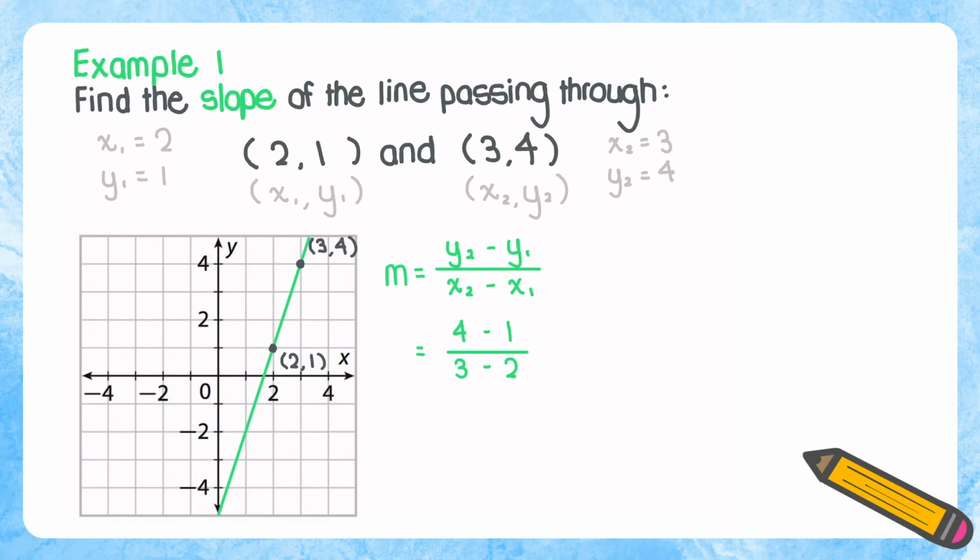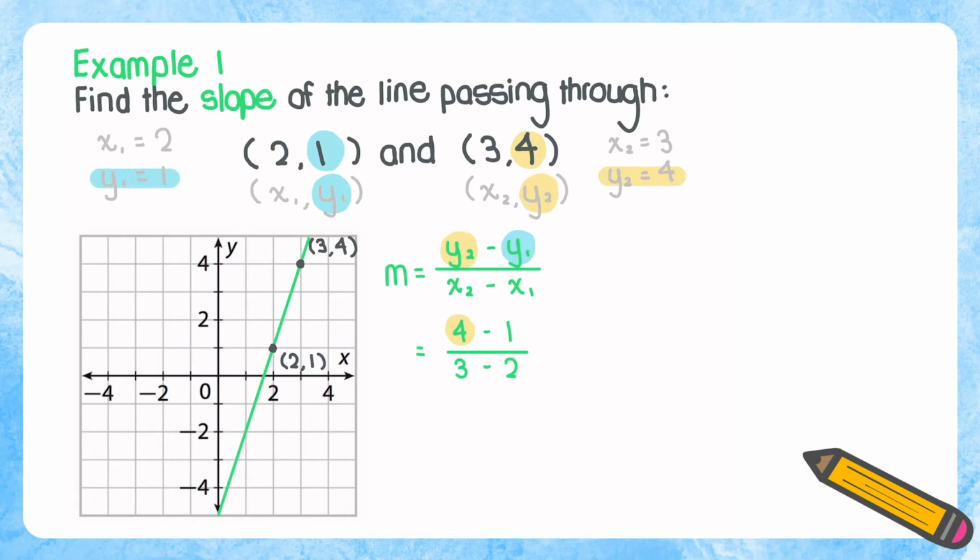Right here, I looked at what I labeled each value as. For example, I found that y sub 2 equals 4, so I replaced y sub 2 with 4. And I knew that y sub 1, the y value of my first coordinate point, is 1.